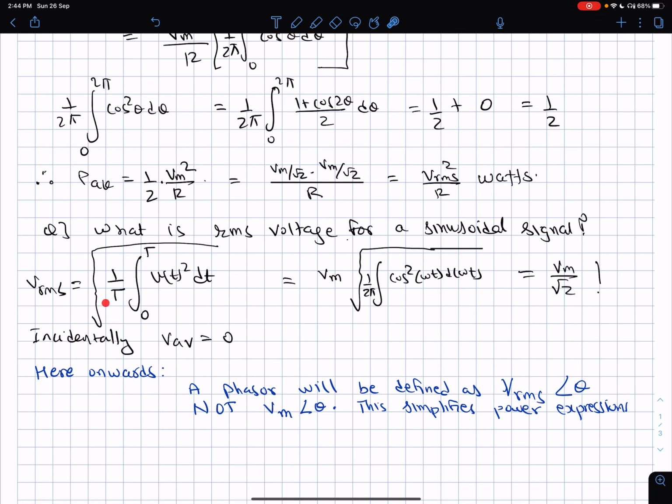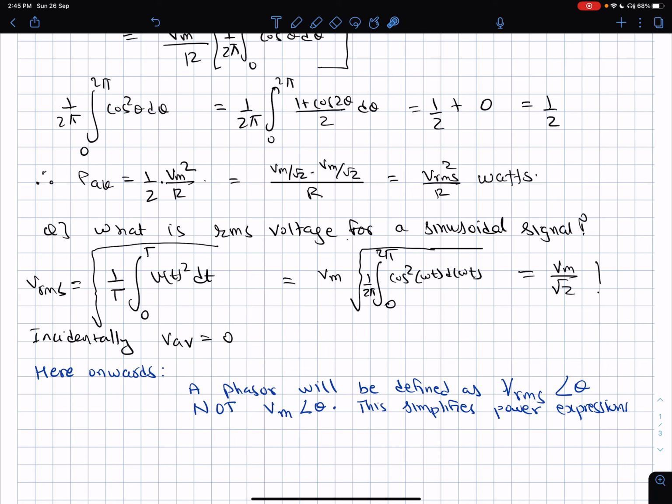Once again the same trick, multiply and divide by omega. So 1 by 2 pi, and then this integral limit will go from 0 to 2 pi cos square omega t d omega t. And just now we saw that this is half, so therefore the square root of half gives 1 by root 2. So therefore Vm by root 2 is the RMS value or the root mean square value of a voltage signal.